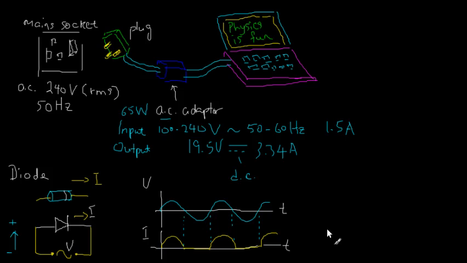And because of this, there is a name given to this method of turning an alternating current to a direct current. It is called half wave rectification. So half wave rectification is this method of turning an AC to a DC in which we get only half the wave.